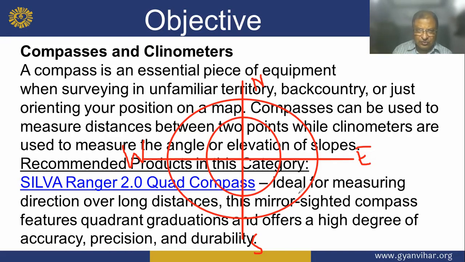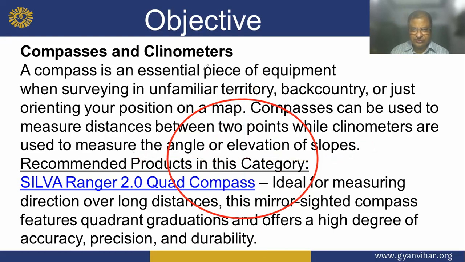A compass can be used to measure direction between 2 points, while clinometers are used to measure the angle of elevation of a slope.